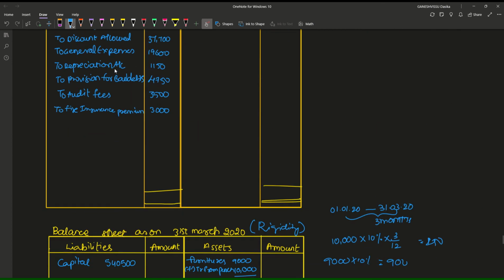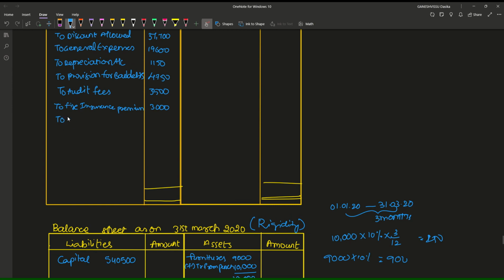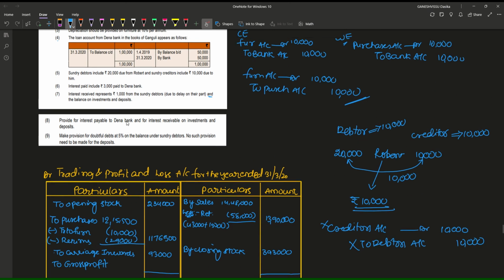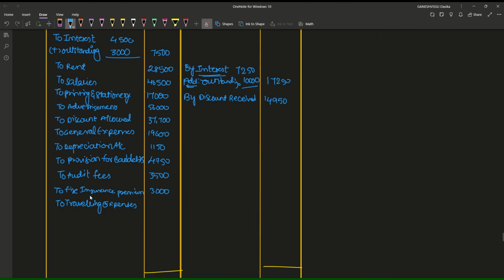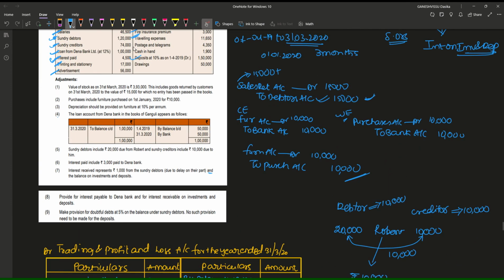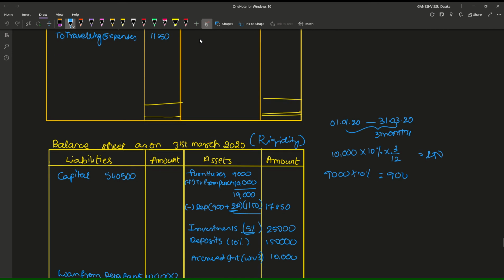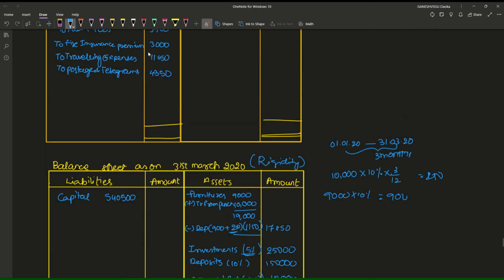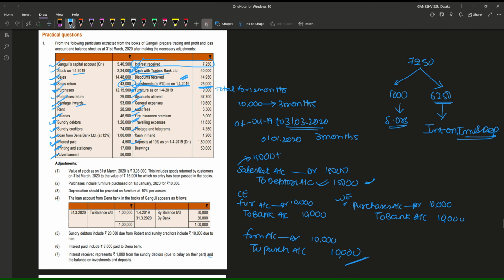To traveling 11,650, right? Let us have. Next one, postage and telegrams 4,350. Right, we have completed this postage and telegrams.